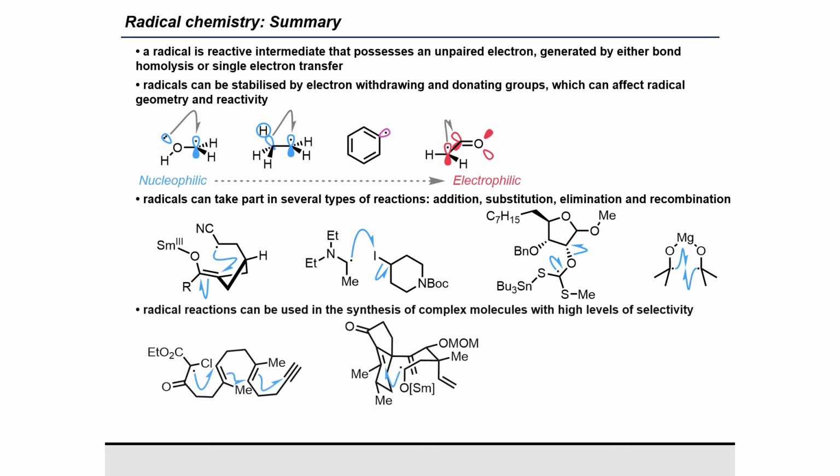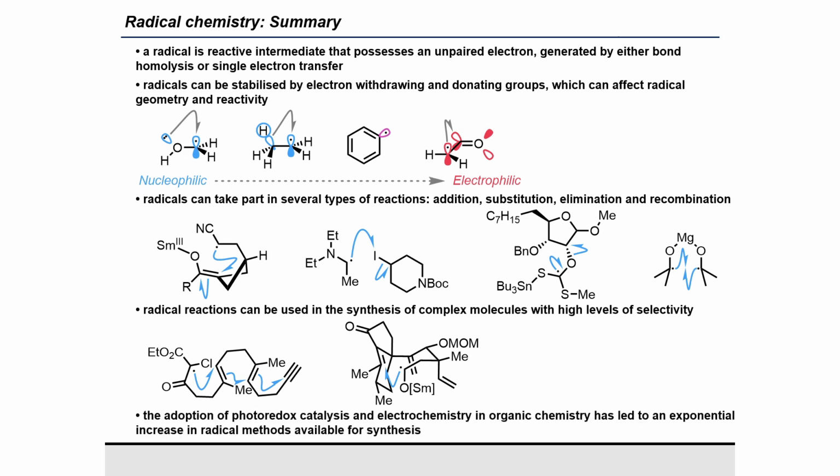I hope I have also been able to demonstrate the applicability of radical transformations in complex molecules and complex reactivity modes. Finally, we have touched on the growing importance of photoredox catalysis and electrochemistry within the context of radical chemistry and the great additions they make to the synthetic chemist's toolbox.